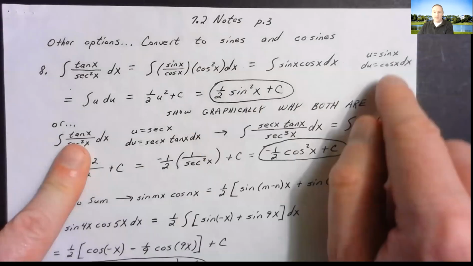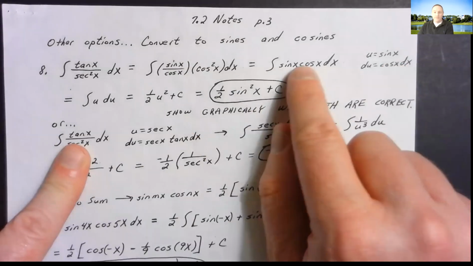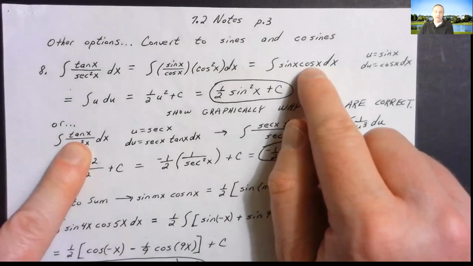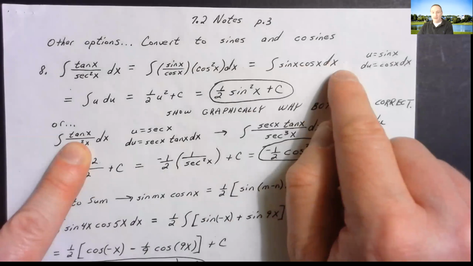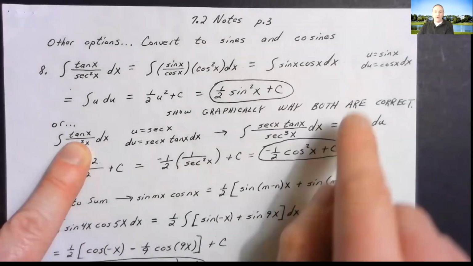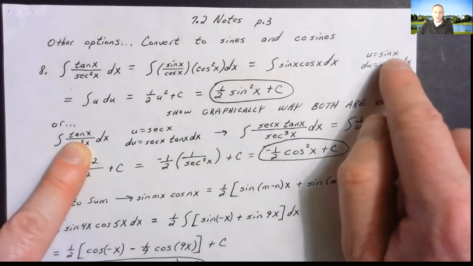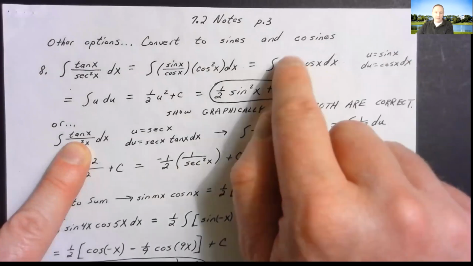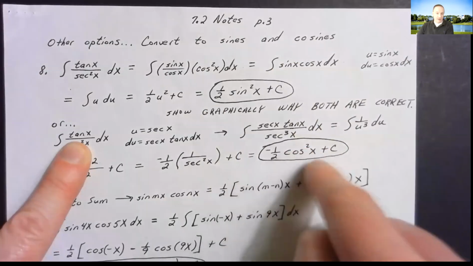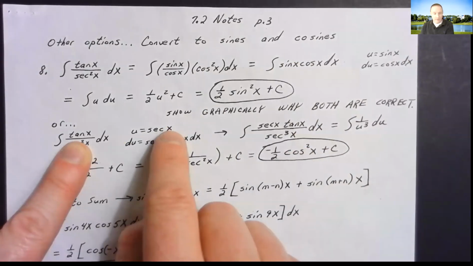What if I let u equal the cosine of x, and then du would be the negative sine of x dx? We'd get this same answer. So whether I did the substitution with letting u equal the cosine and du being the negative sine of x dx, you're going to get the answer I got right here with not converting it.